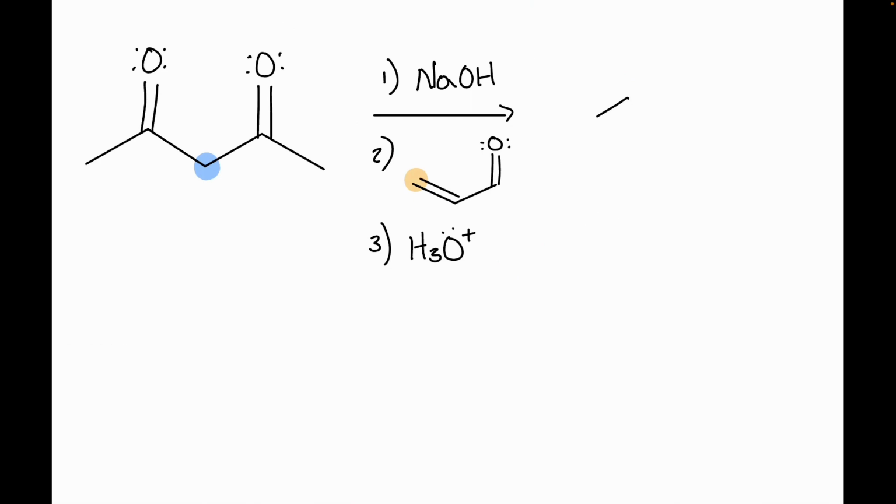So I'm going to start by drawing my nucleophile. I'm going to draw that extra bond. So on the other side there must be my electrophile, that electrophilic beta carbon. Now I've got to draw in these remaining 1, 2 carbons.